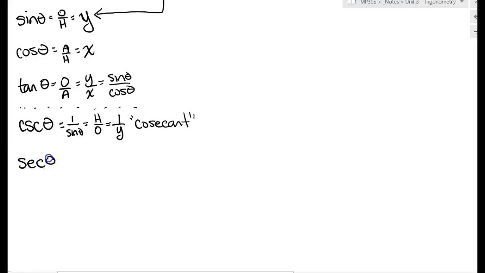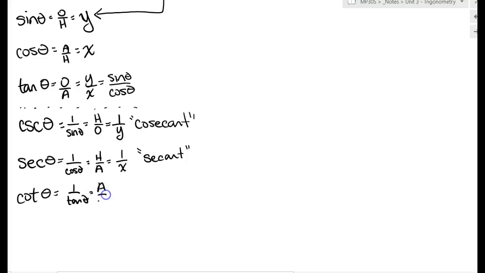Secant, as you might have guessed, is actually related to cosine. So it's the inverse of cosine theta. So it's hypotenuse over adjacent, or 1 over x. And our last one is cotangent. And it's related to tangent, so that one's a little bit easier to remember. And again, it is our inverse of tan.